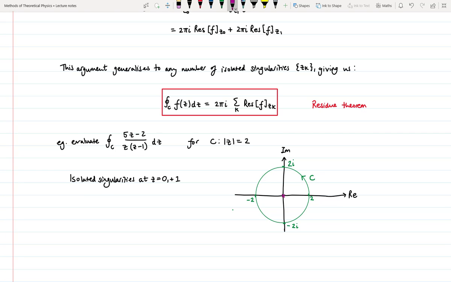We have one at the origin, and we have one at the point 1. Now, both of these singularities are enclosed by our contour. That means we need the residues at both of these singularities. We need residues at z equals 0 and z equals 1. This means that we need two Laurent expansions.